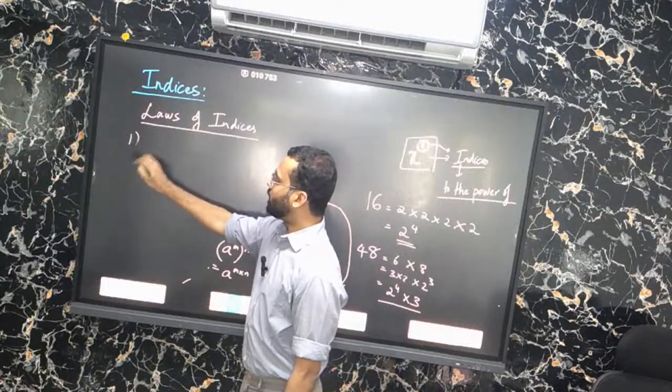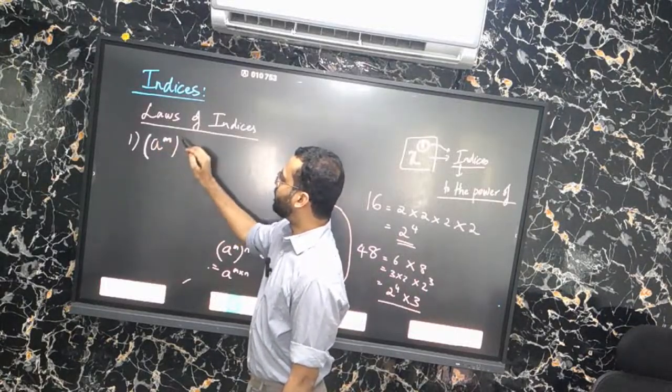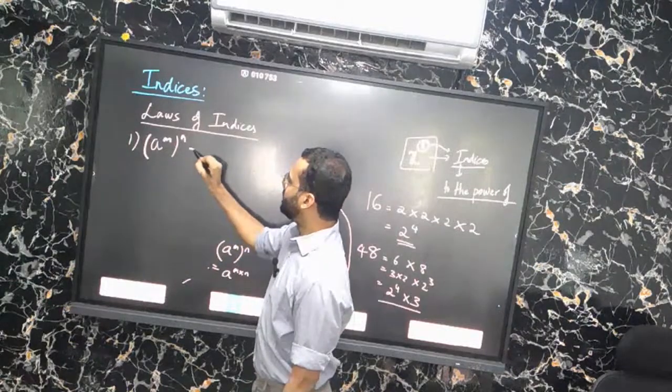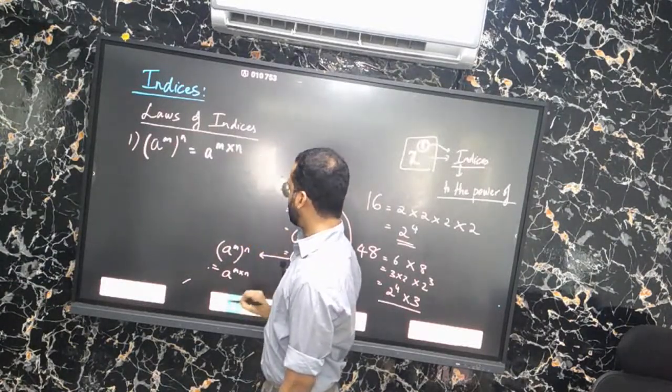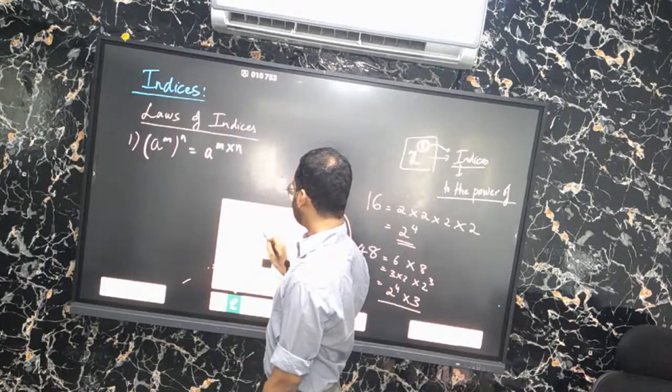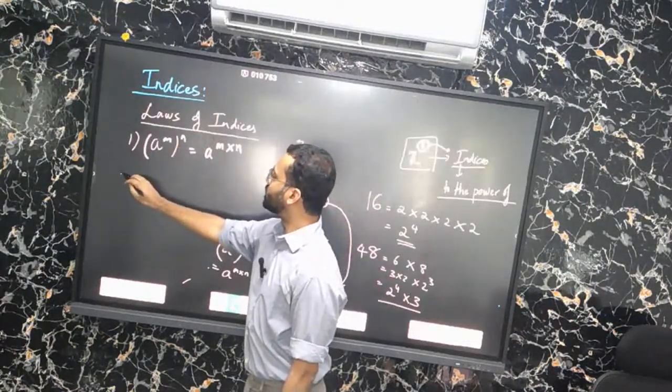First one I wanted to write, if I have something like a power m to the power n, this is nothing but a power m into n. First law of indices, write down this.